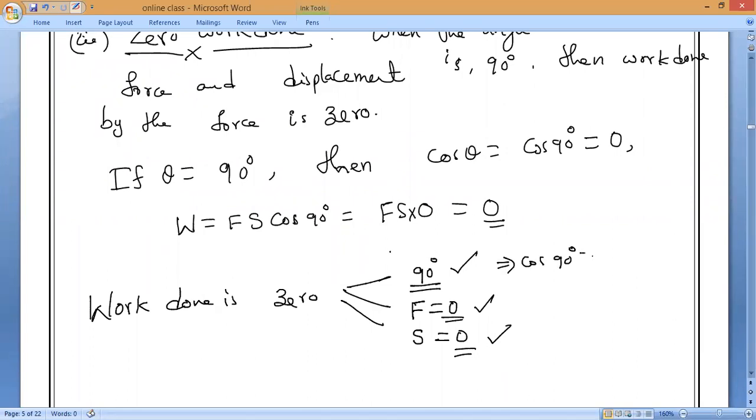You have to remember. So cos 90 is 0, or force is 0, or displacement is 0.